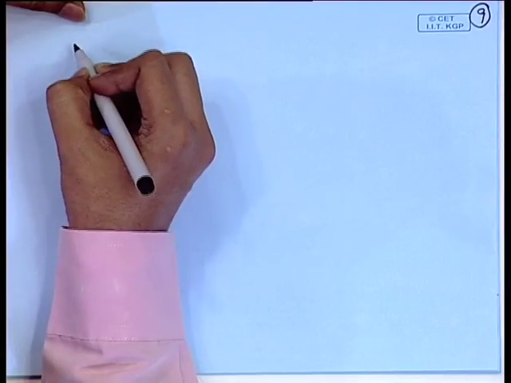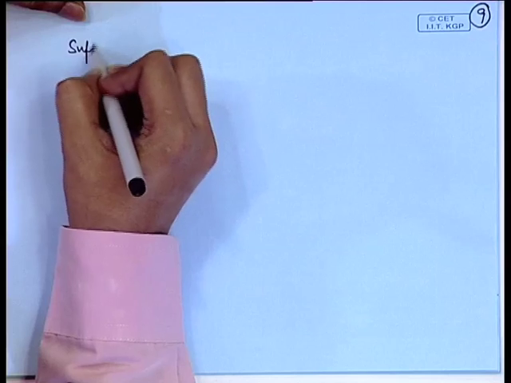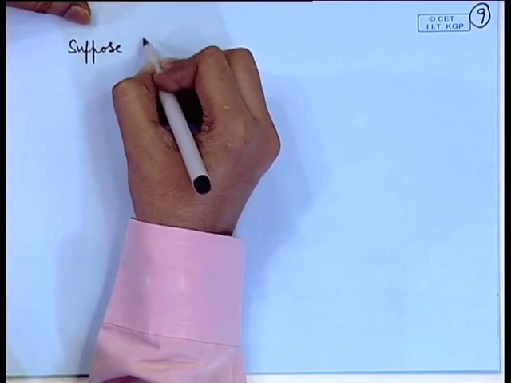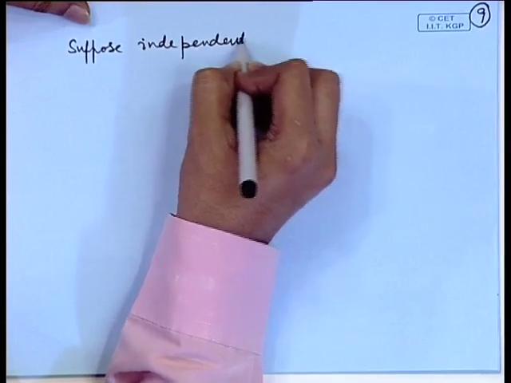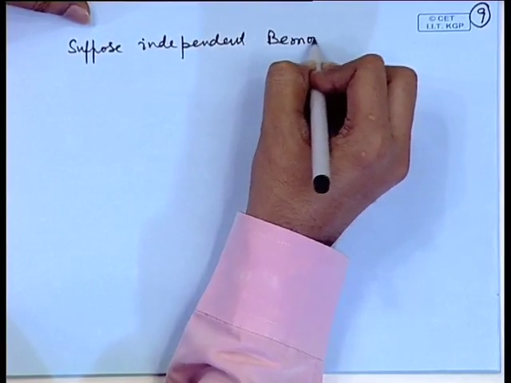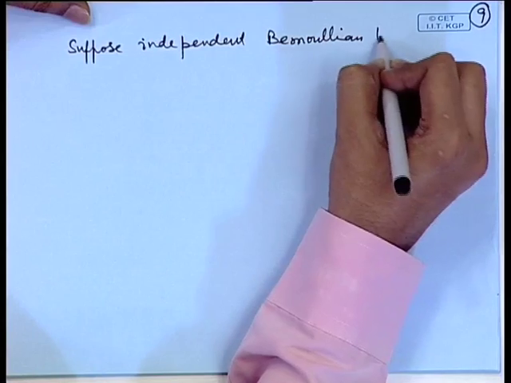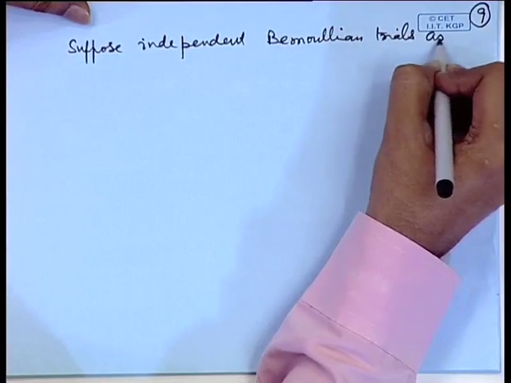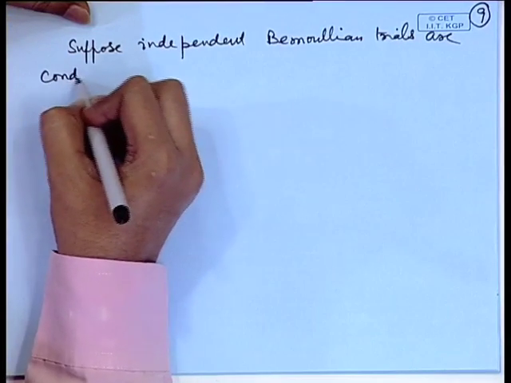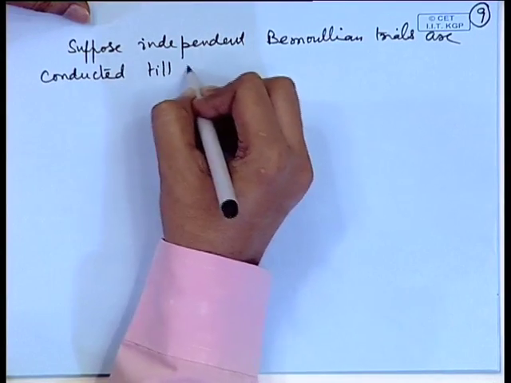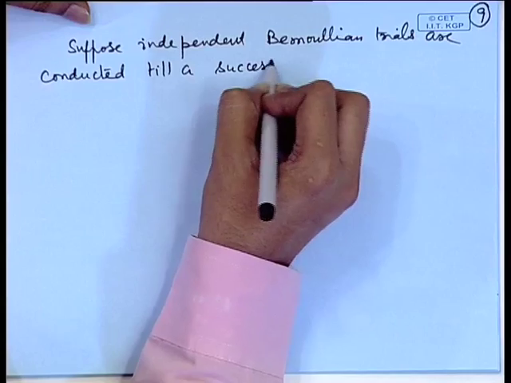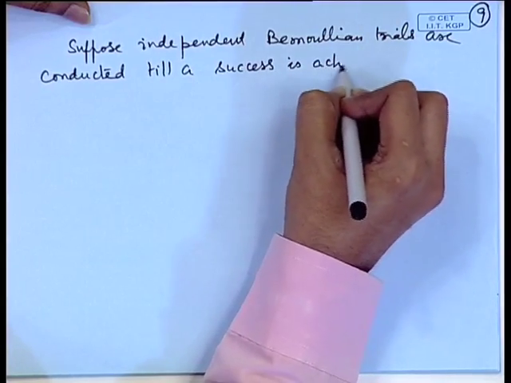So, this way of looking at it, suppose independent Bernoulli trials are conducted till a success is achieved.